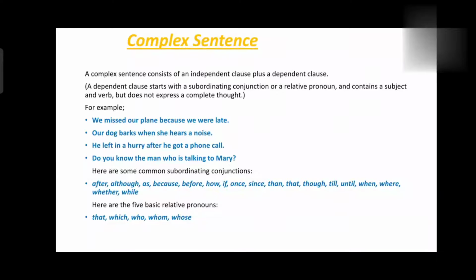Here are some common subordinate conjunctions: after, although, as, because, before, how, if, once, since, then, that, though, till, until, when, where, whether, while. Here are basic relative pronouns: that, which, whom, whose.